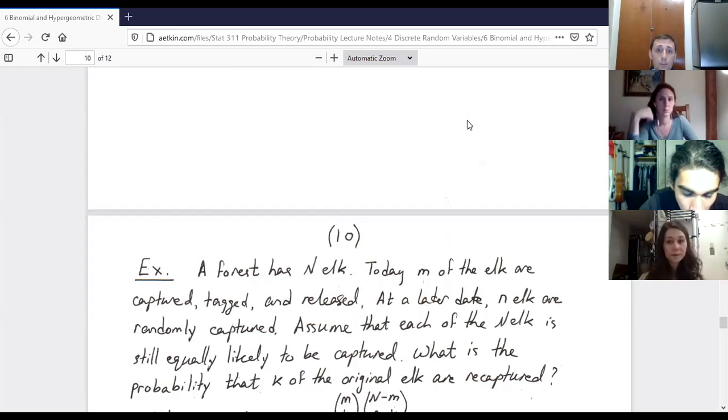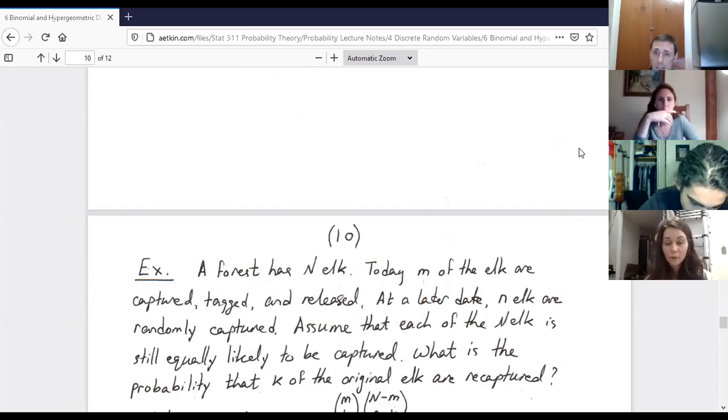So we want to know, K is the number of tagged elk that are captured again.